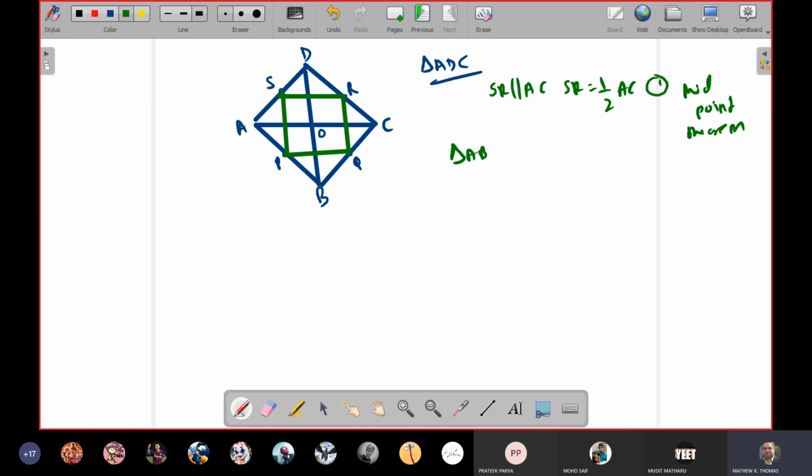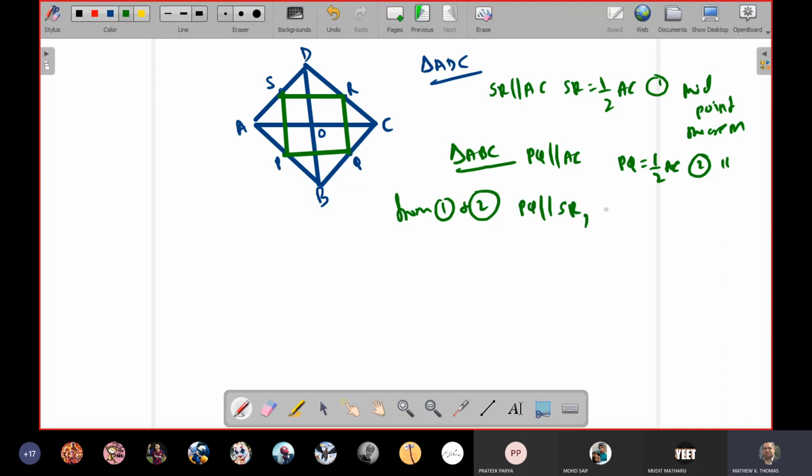Then I will go to triangle ABC. In triangle ABC, PQ is parallel to AC and PQ is equal to half of AC by the same theorem. Now from 1 and 2, what is the conclusion? AC is common, so PQ will be parallel to SR and PQ will be equal to SR.